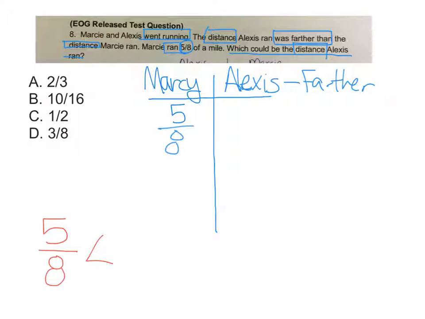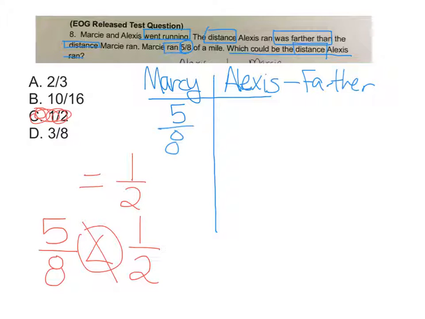Now, one thing that you want to do is eliminate answer choices that don't make sense. I am going to eliminate 1/2. Why am I eliminating 1/2? Well, because 1/2 is not greater than 5/8, because 1/2 would be equal to 4/8, and 4/8 is smaller than 5/8.